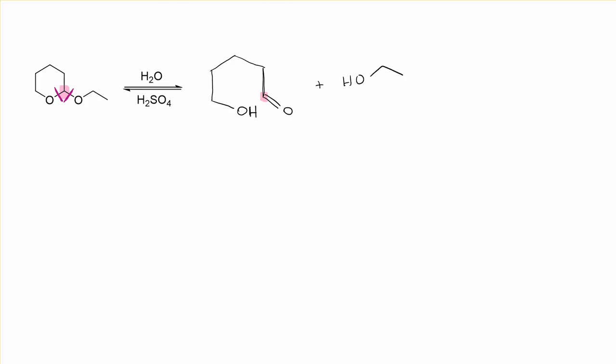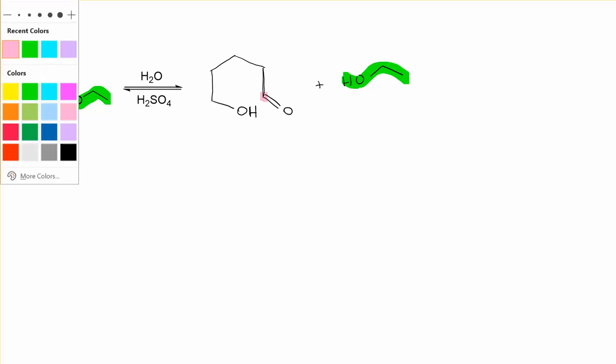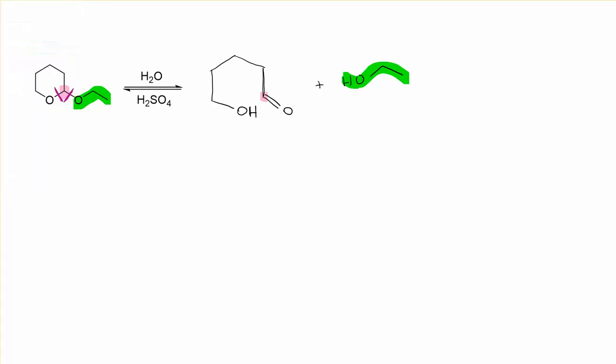So let me try to color code this so you can see where we're going. There's the other alcohol group. Sorry, let me make this blue color. There's the oxygen there, and one of those hydrogens is coming from the water.